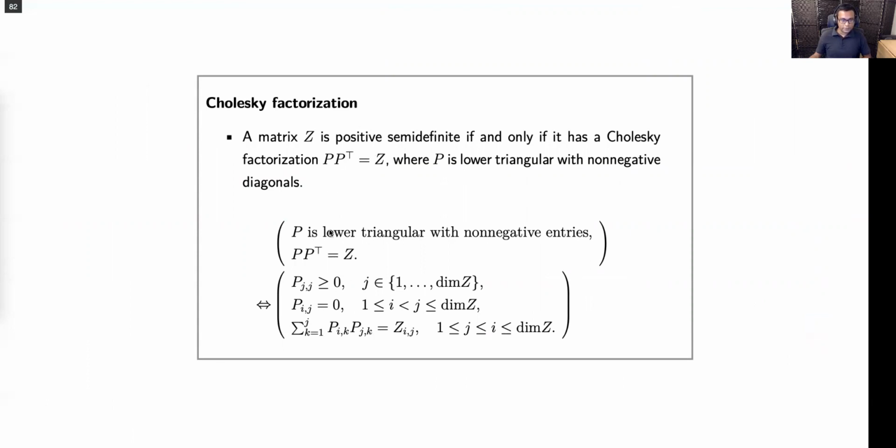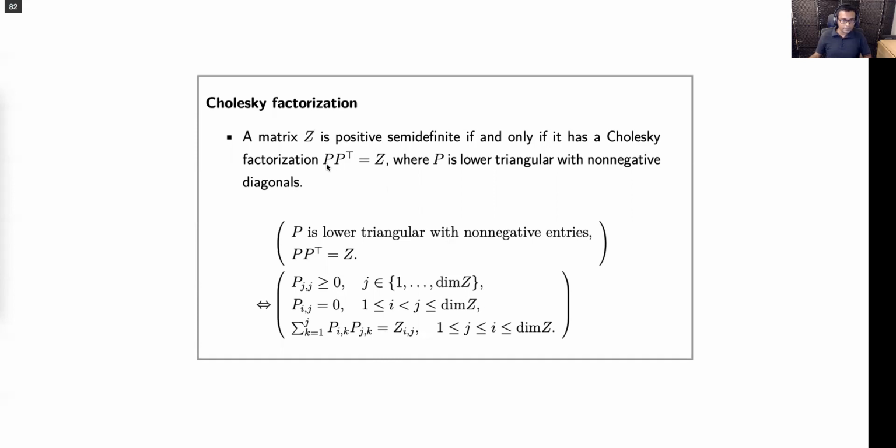So if we want to say, in terms of constraints, that P is lower triangular with non-negative entries and PP transpose equals Z, we can write them in terms of these three sets of constraints. Note that the first two are linear constraints in P, but the final one is actually a set of bilinear constraints.